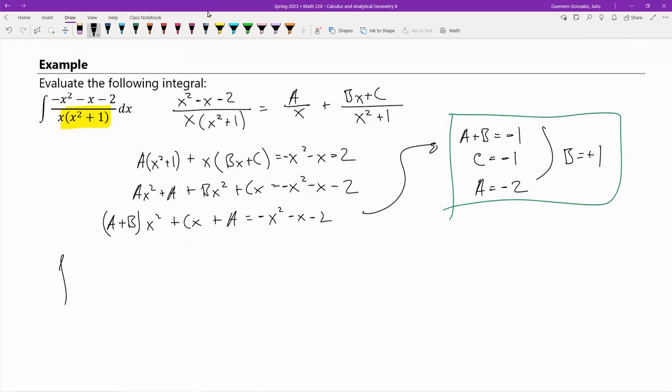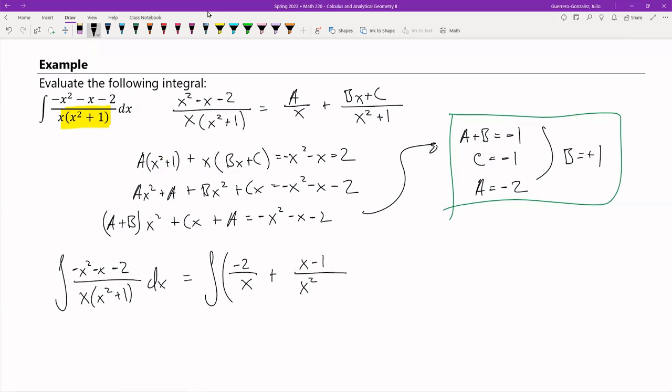So therefore, my integral of x squared minus x minus 2 all over x squared plus 1 dx is equal to the integral where I get to fill in my a, b's, and c's here. My a is negative 2, so minus 2 over x, plus bx plus c, so b is 1 and c is negative 1, so it's going to be x minus 1 over x squared plus 1 dx.